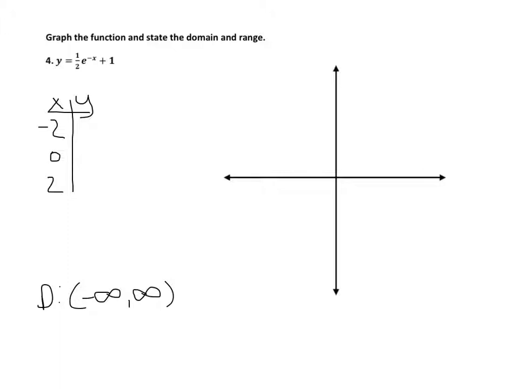And then you can look at the table. So for negative 2, I got 4.69. For 0, I got 1.5. And for 2, I got 1.07.